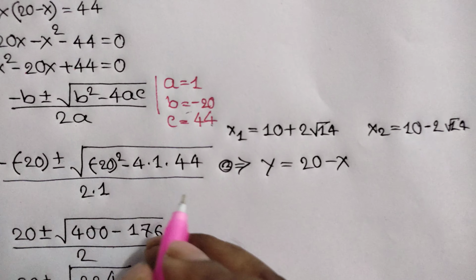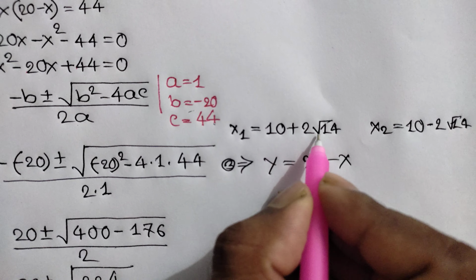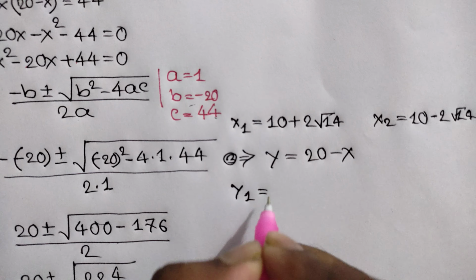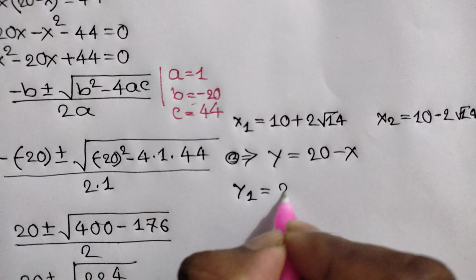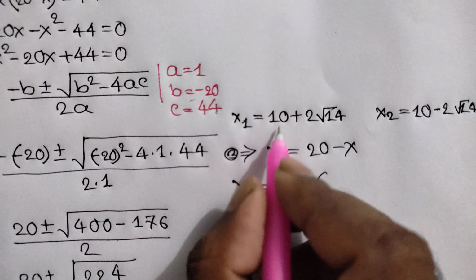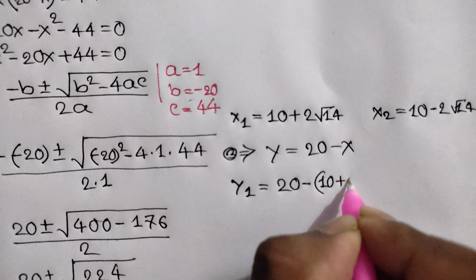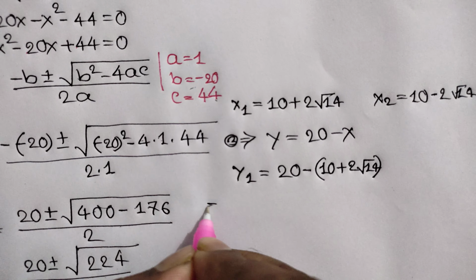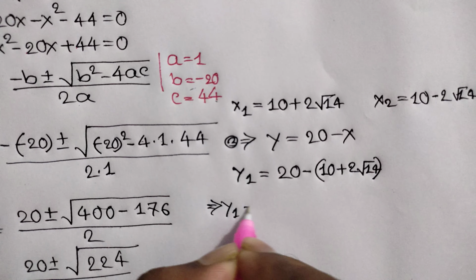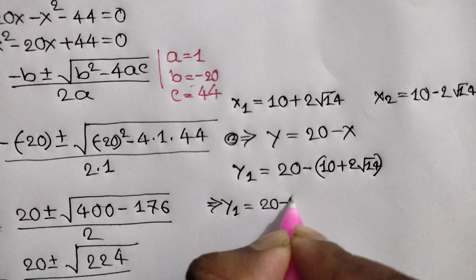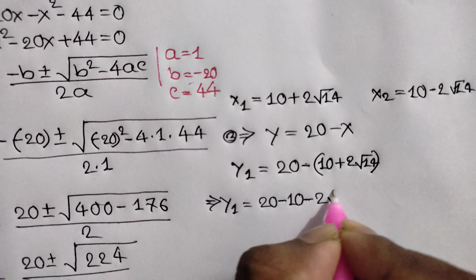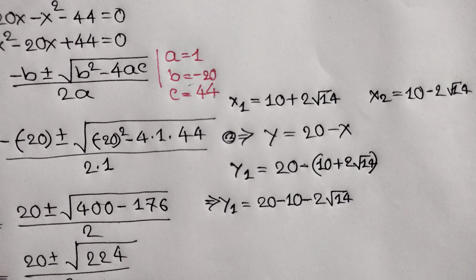Now when the value of x1 is equal to 10 plus 2 square root of 14, then the value of y1 is equal to 20 minus 10 plus 2 square root of 14, or y1 is equal to 20 minus 10 minus plus is minus 2 square root of 14.